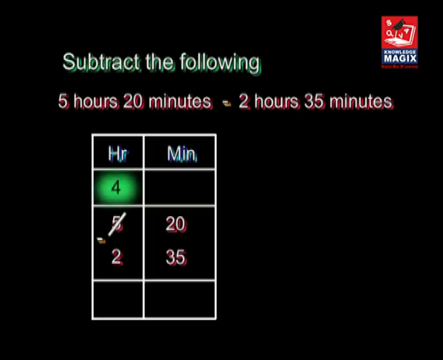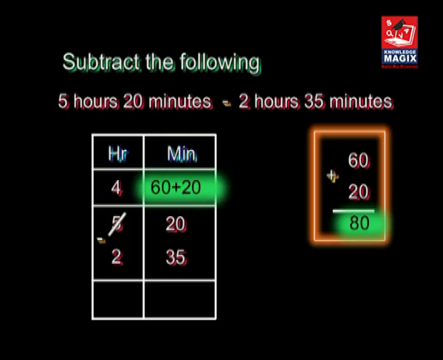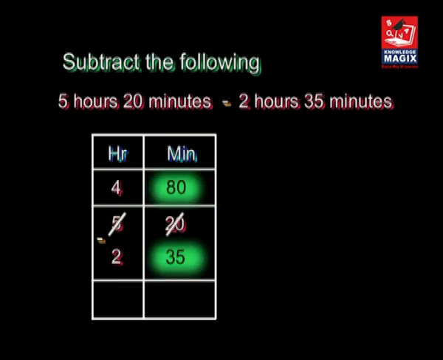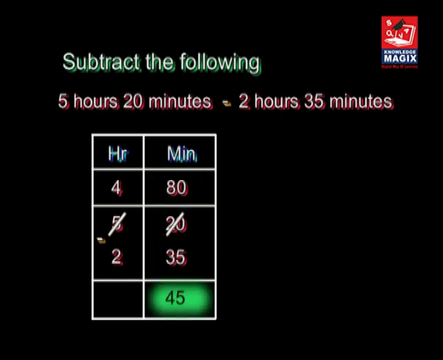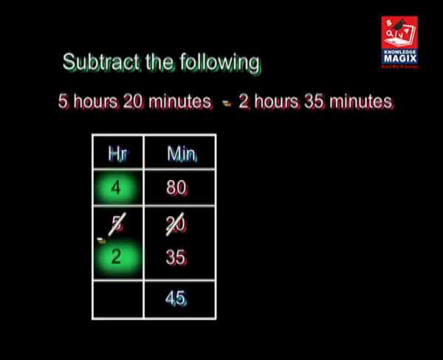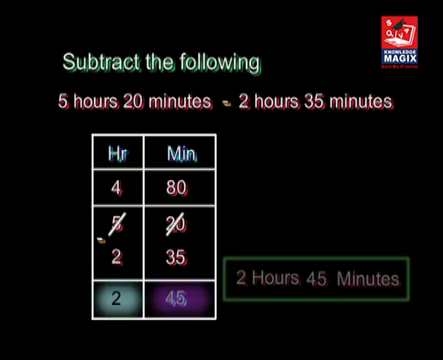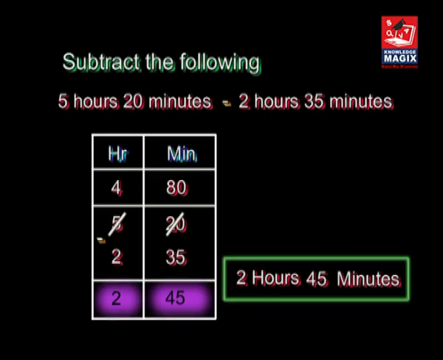So now, in the hours column, it is 4 hours and in the minutes column, it is 60 plus 20, that is 80 minutes. Now 80 minutes minus 35 minutes comes to 45 minutes. And in hours column, 4 minus 2 is equal to 2 hours. So the answer is 2 hours 45 minutes.